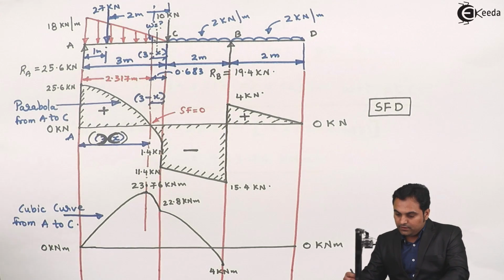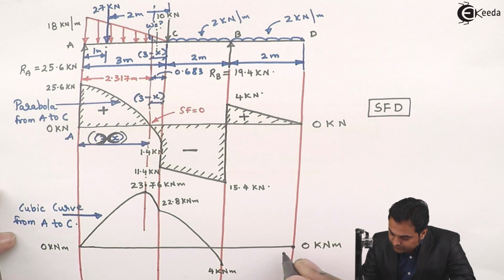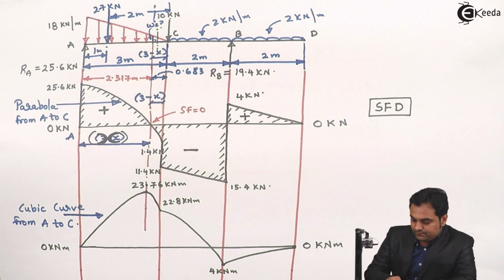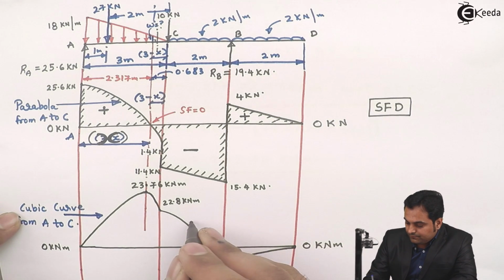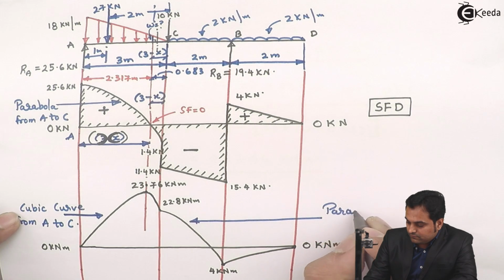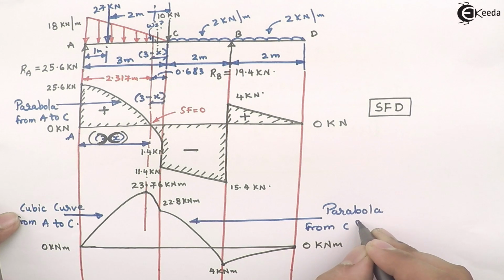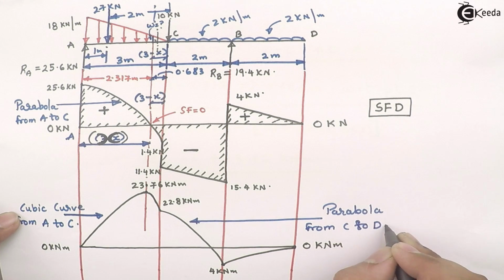Then again from B to D there is a parabola, so from 4 it will go up to 0. Parabola from C to D.